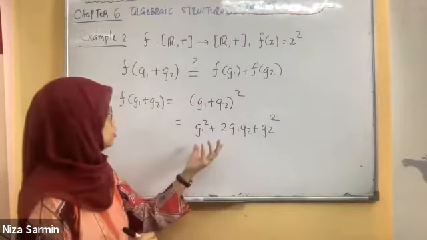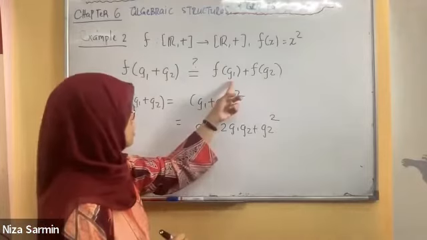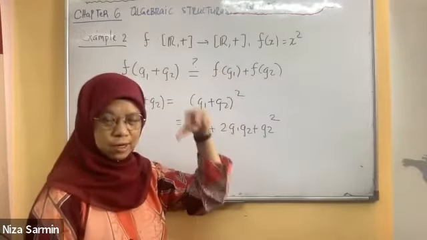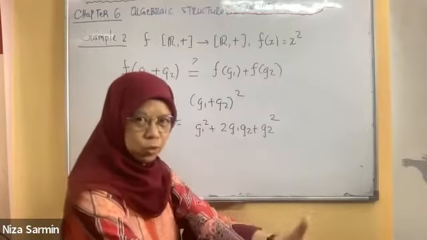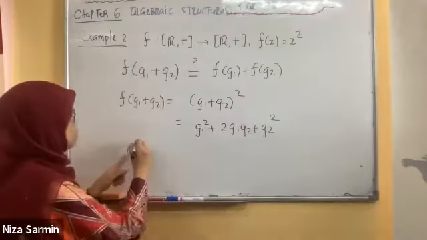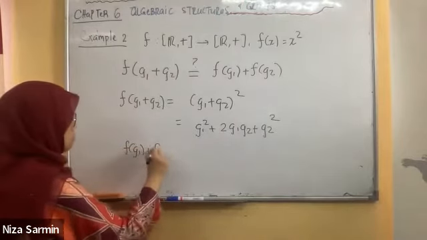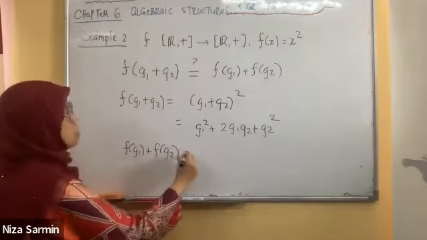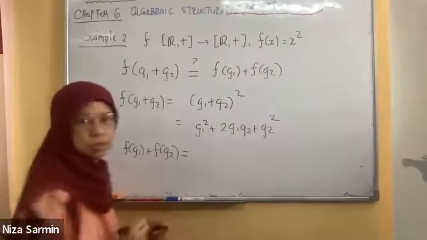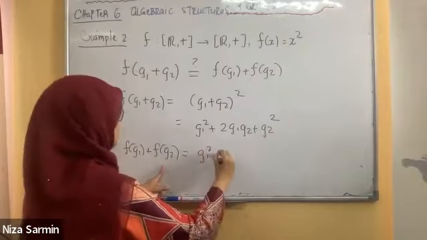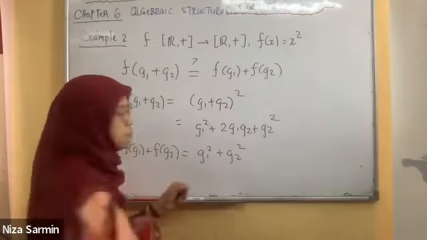You want to show that this is equal to this. You don't have to go from the left to the right. You can start from this one. Then you can show using this, this is g1 squared plus g2 squared.